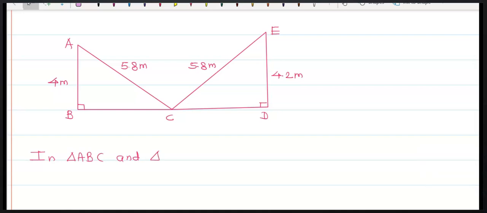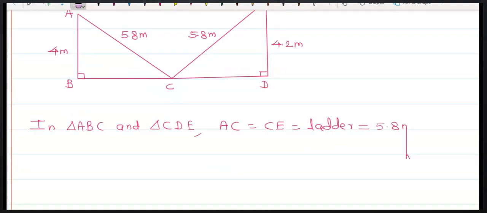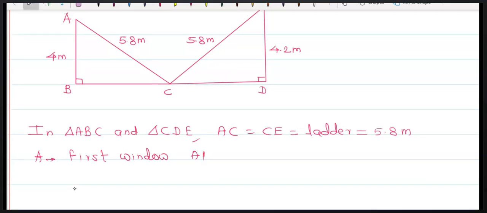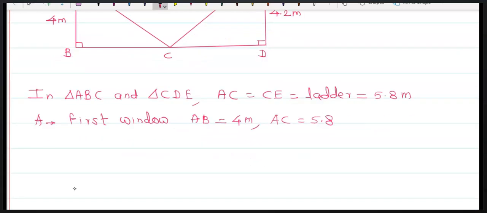Therefore, in triangles ABC and CDE, AC is equal to CE, that is equal to the ladder, which is 5.8. A is the first window. AB is 4 meter. AC is 5.8 meter.